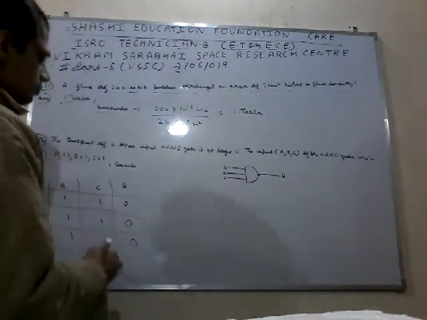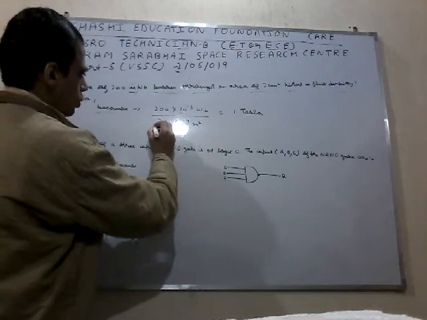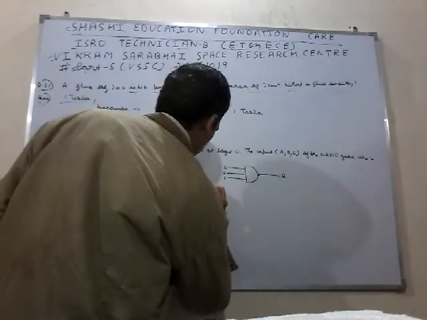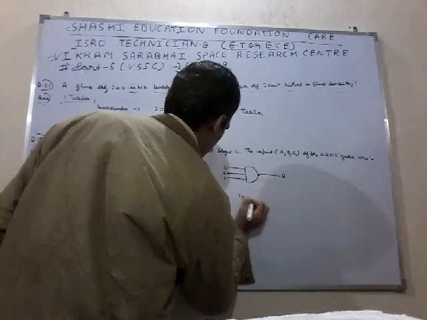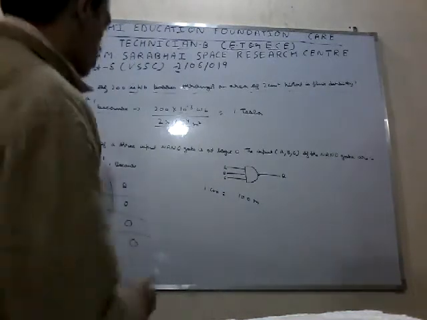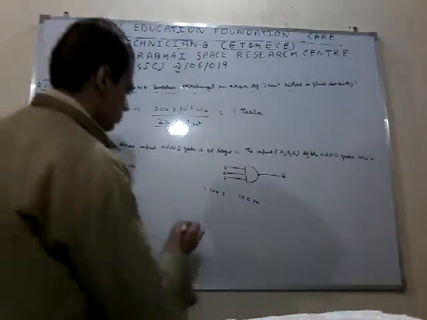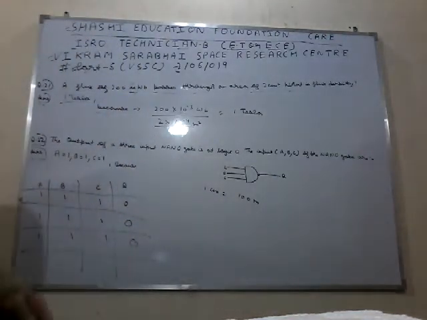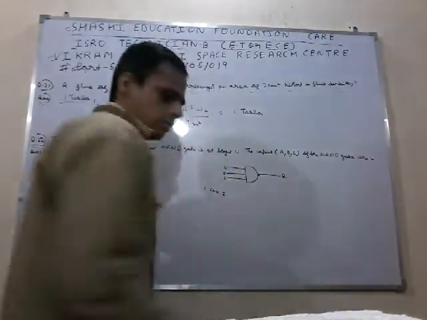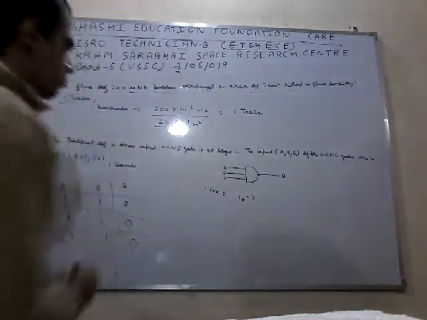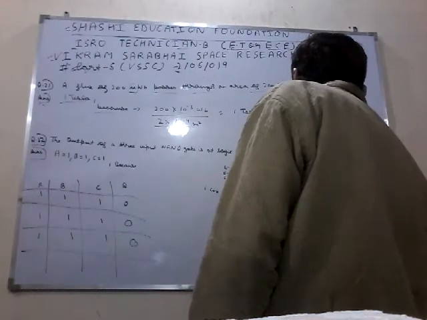Here we wrote 2 into 10 to the power minus 4. Why? The reason is 1 centimeter equals 10 to the minus 2 meter, which is 0.01.